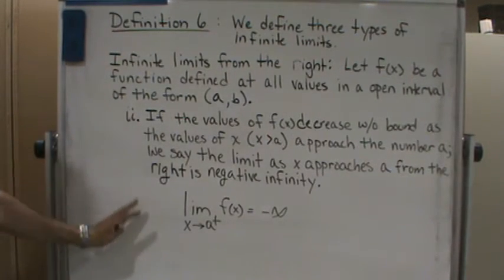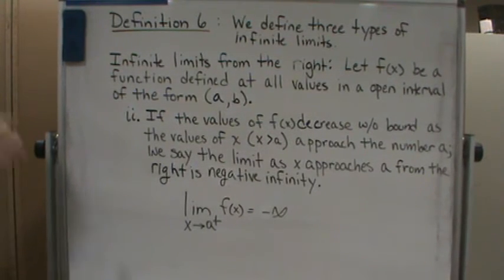So again, pause, make sure you write this down, okay? And that takes care of the two cases in which you would have an infinite limit when you're approaching from the right.